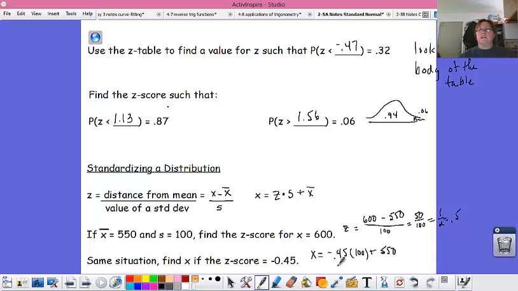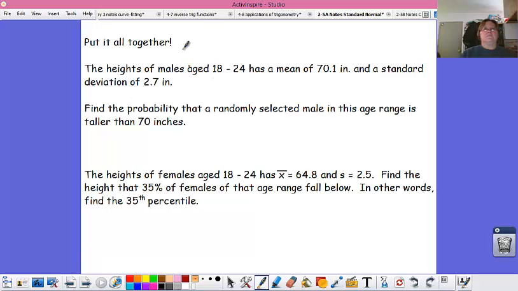I think we can do that math in our head. 0.45 times 100, that's going to be negative 45. Negative 45 plus 550 would get us to a data value of 505, if I did the subtracting right, and I think I did. So we've used the formula both directions, and we are ready now to put it all together.